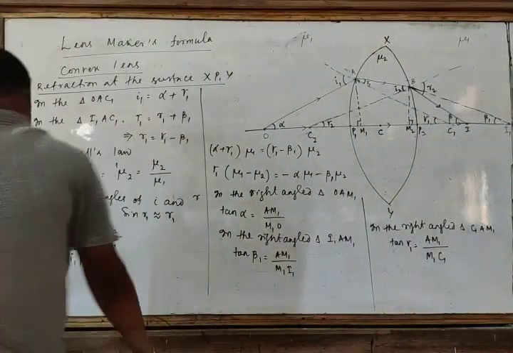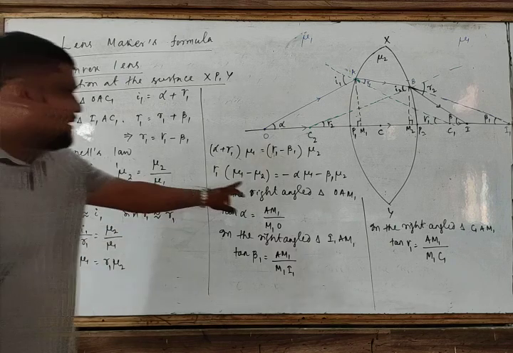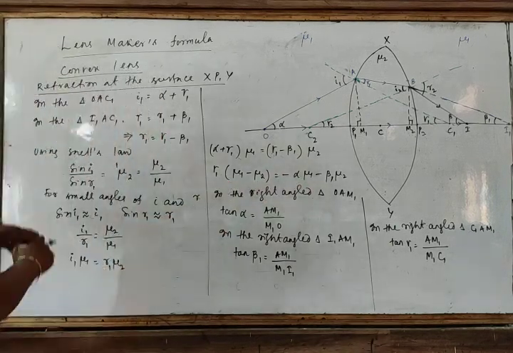Okay. Now after getting this tan alpha, tan beta 1 and tan gamma 1, we will put them here. So for small angles, the same assumption is there.